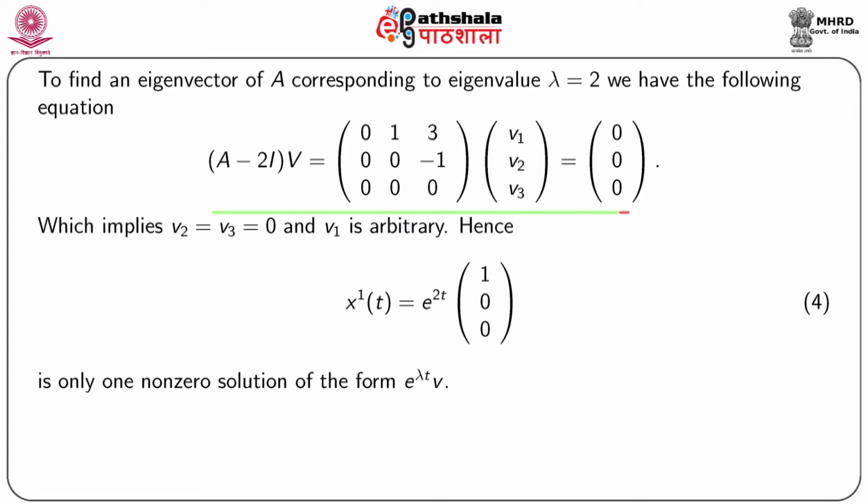Now, this implies v2 and v3 are equal to 0 and v1 is arbitrary. So you choose an arbitrary vector [1, 0, 0], and we can conclude that x1(t), the 1 denoting the first solution, is equal to e to the power 2t into [1, 0, 0], which is the only non-zero solution of x dot equal to Ax.